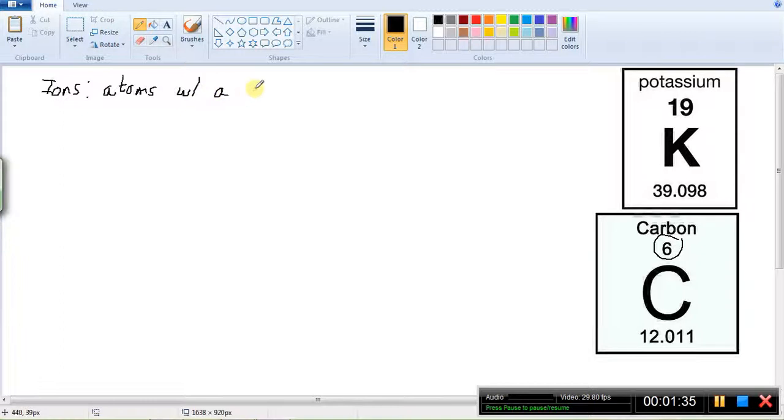And they do that by either gaining or losing electrons.